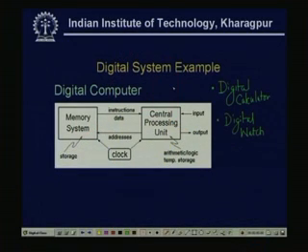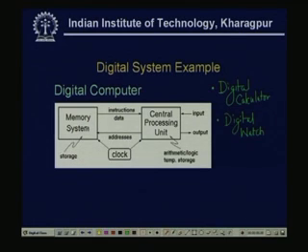In a very abstract way, a very simple model, I can say that a computer has memory and some central processing unit, the CPU.